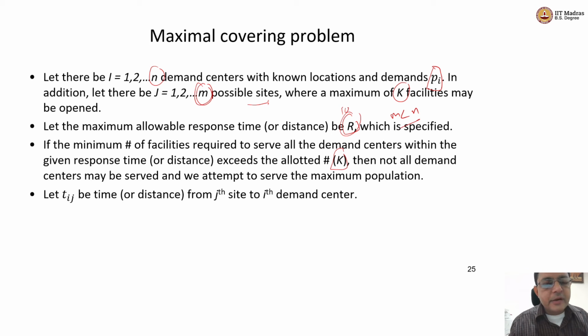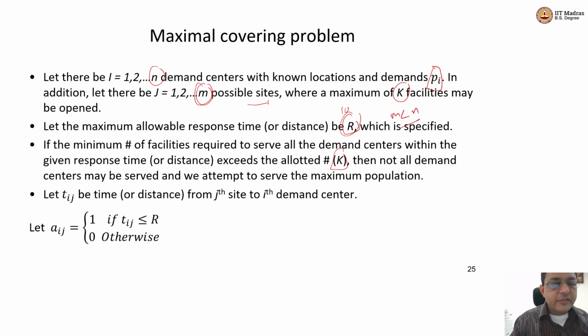So let Tij be the time or distance from the jth site to the ith demand center, and then I am going to impose a very strong feasibility constraint using a parameter Aij. Aij has always been our feasibility parameter. Aij will be 1 if Tij is less than r.